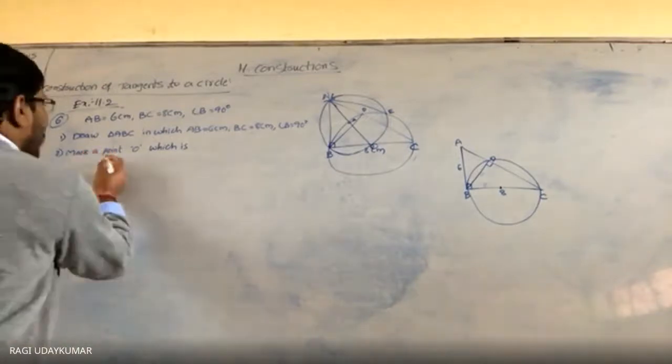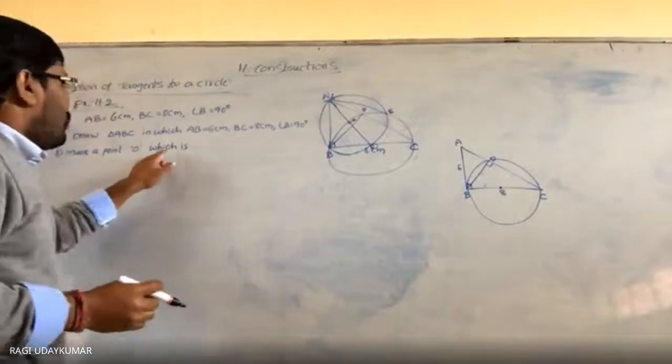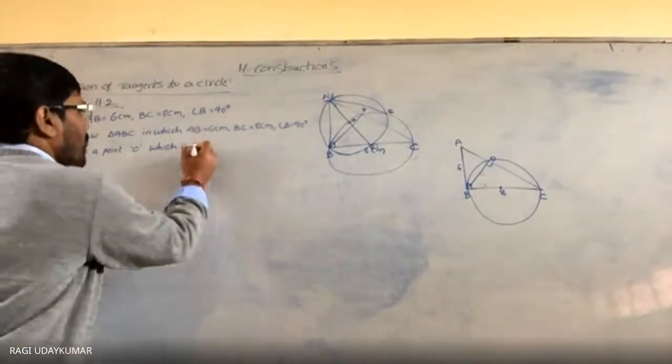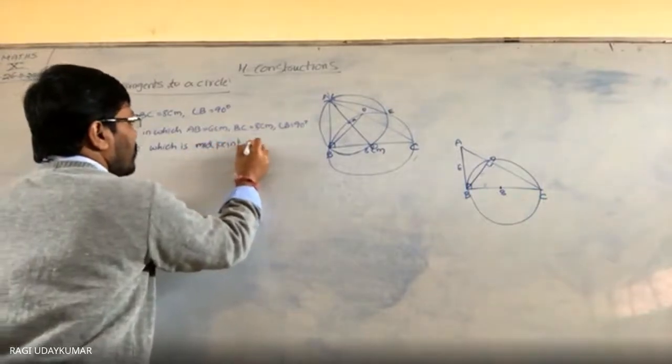So mark a point O, which is the midpoint of BC.